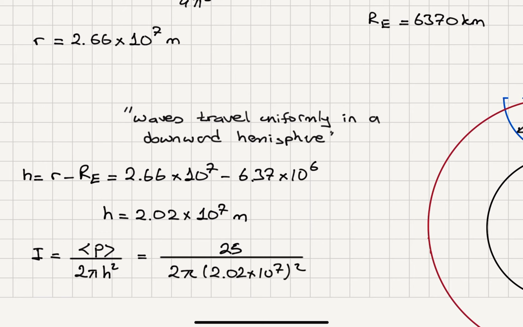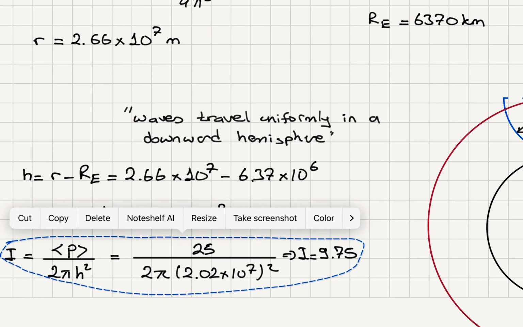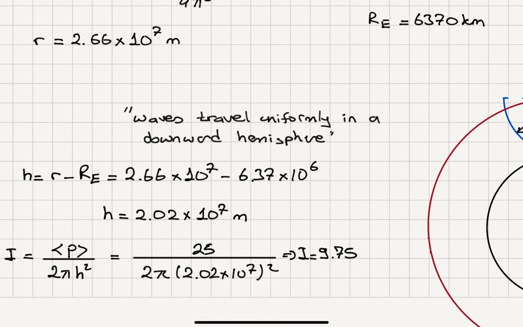And therefore, we find the intensity to be 9.75 times 10 to minus 15 watts per meter squared for each frequency. So that's the answer for each frequency.